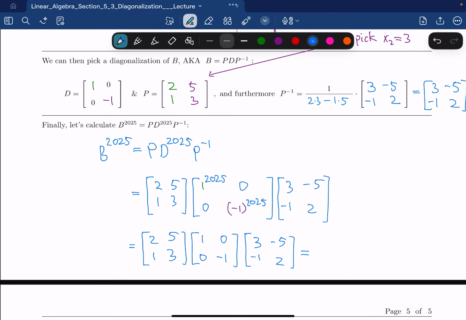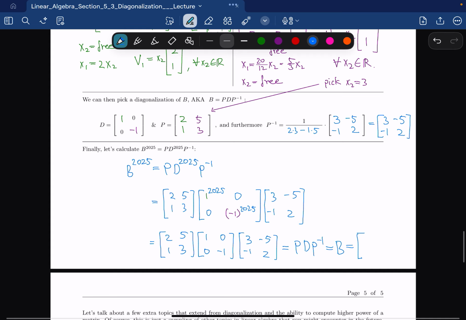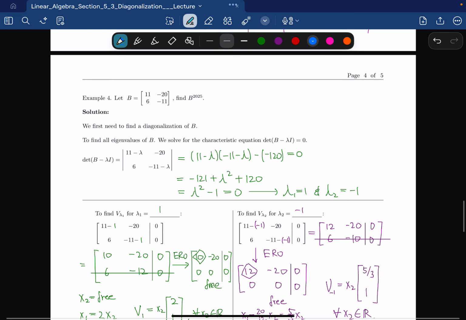So I really just have P D P inverse, and we know this is actually just going to be B. So the result is just going to be the original B matrix, which is 11, negative 20, 6, negative 11.